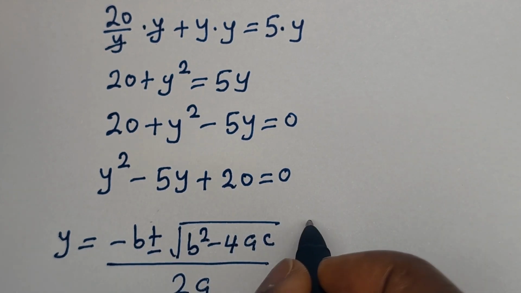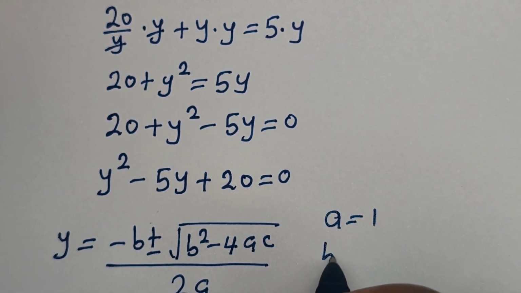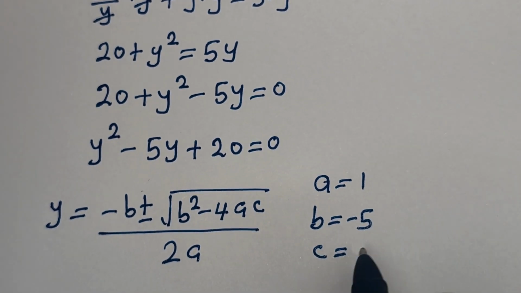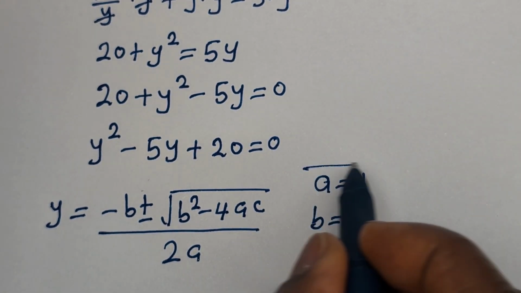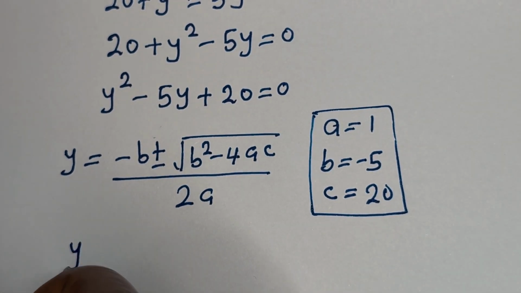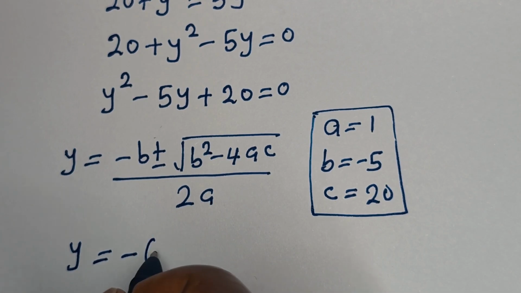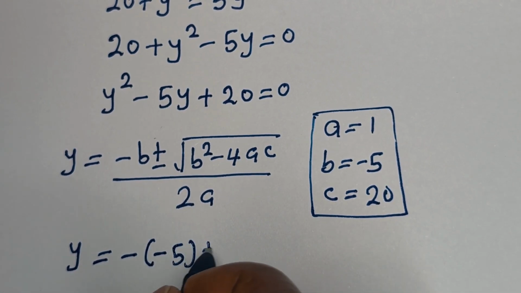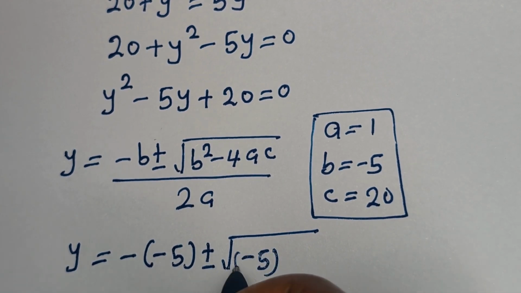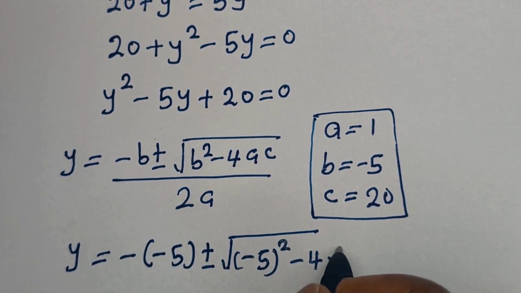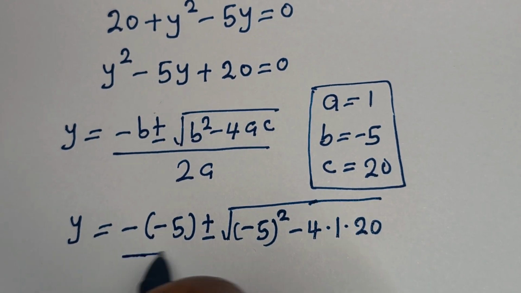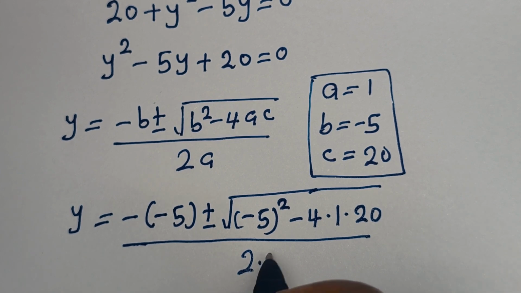And from this equation, a is equal to 1, b is equal to minus 5, c is equal to 20. y is equal to minus bracket minus 5 plus or minus square root of minus 5 squared minus 4 multiplied by 1 multiplied by 20 over 2 multiplied by 1.